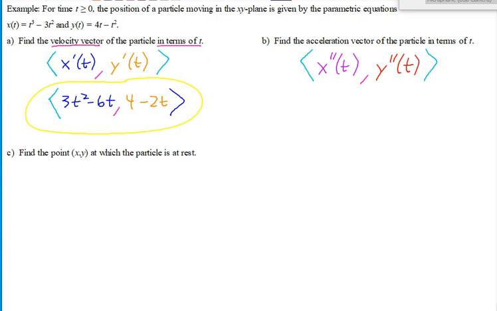So we already found the velocity vector, so we have to take the derivative again. The derivative of 3t squared minus 6t is 6t minus 6, the horizontal component of acceleration, and the derivative of 4 minus 2t is just negative 2. So in this case, the vertical acceleration is a constant of negative 2.